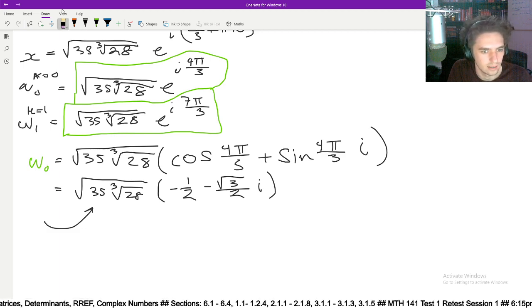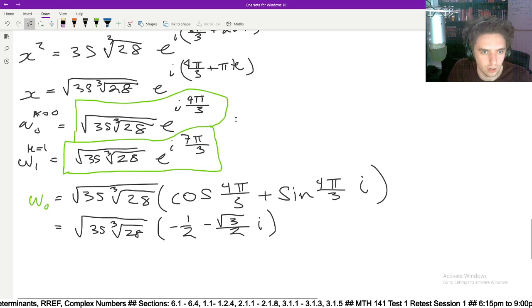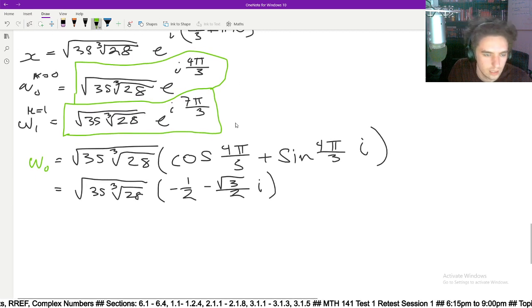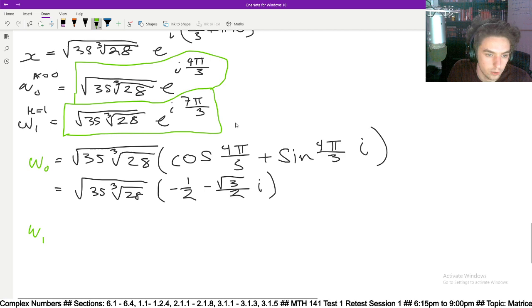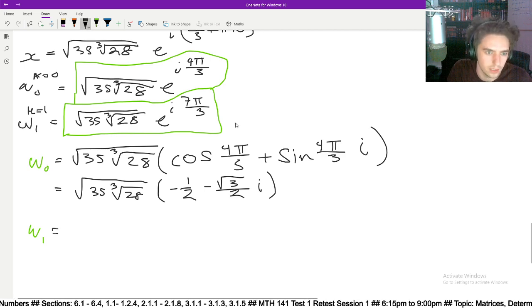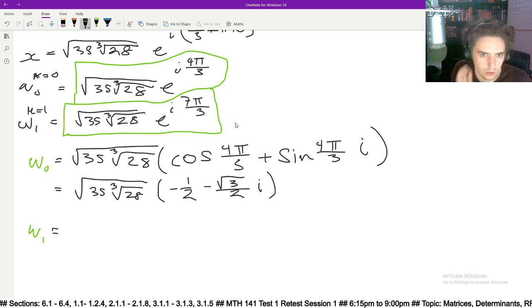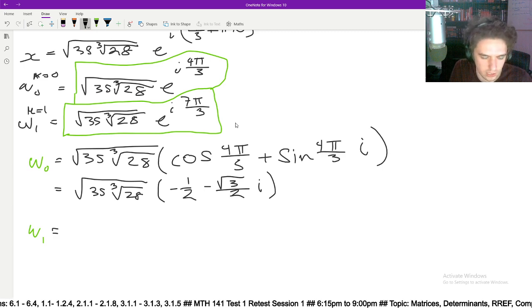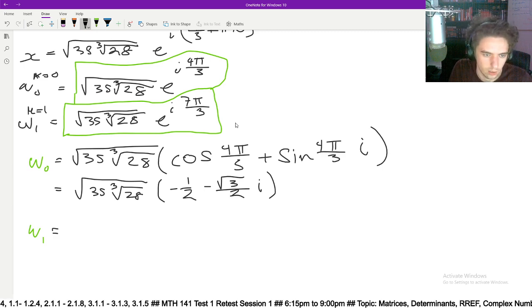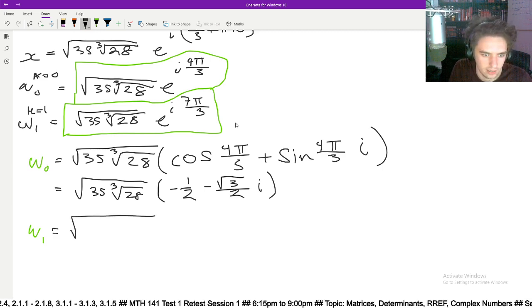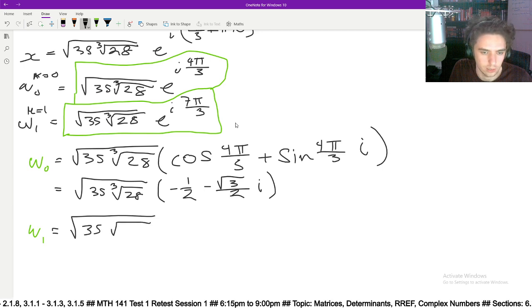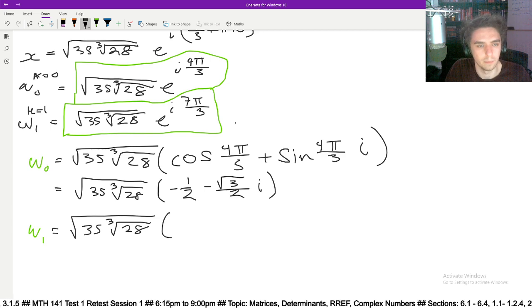Right? And so there you go. And so then I would do the same thing for all of them. So that was for w naught. For green w1 or omega 1, it's going to be just slightly different. In fact, I'm almost certain, and I'll just check now with this one, that it's just going to be the negative of this.